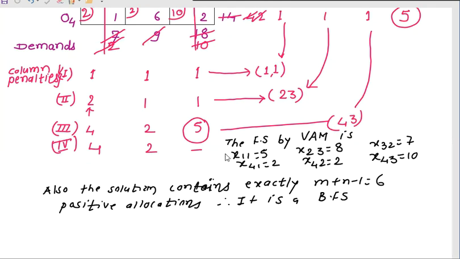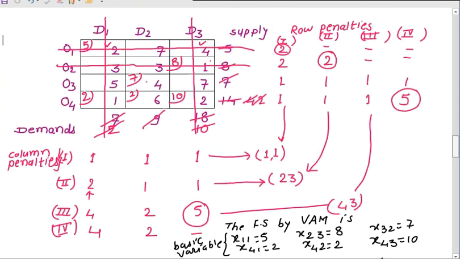And these 6 variables are basic variables and the corresponding cells are called basic cells. Other variables are 0 and those variables will be called non-basic variables and those corresponding cells will be called non-basic cells. Further, these 6 allocations are at independent positions.